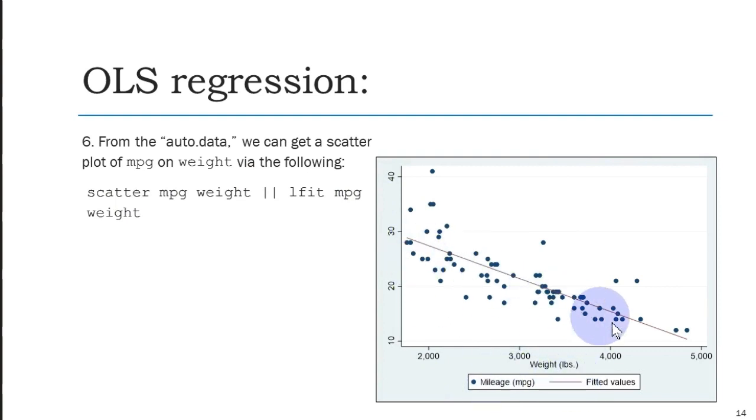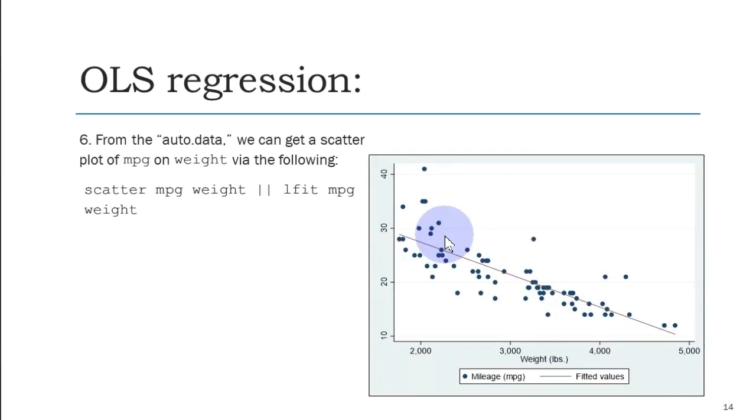So we have a negative relationship between mileage and weight because mileage will be less when the car has more weight. For the relationship between mileage and weight, as shown by the dots, which is the actual data, OLS will estimate their relationship.